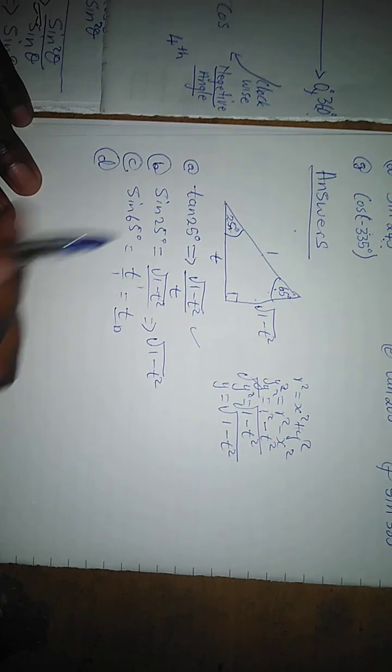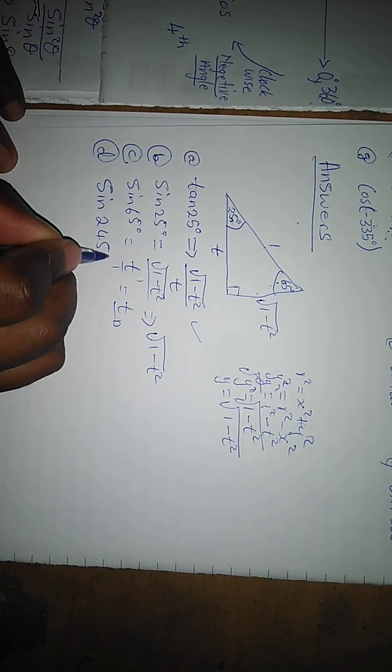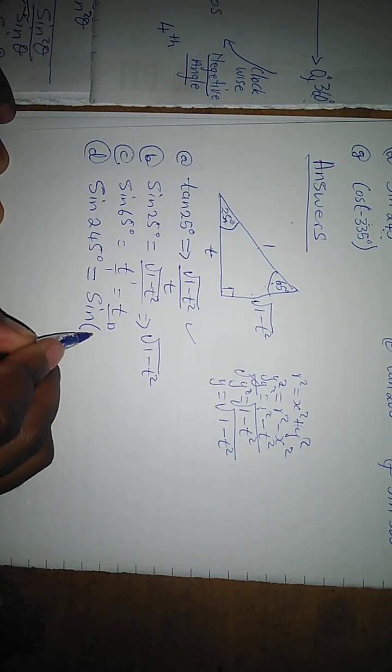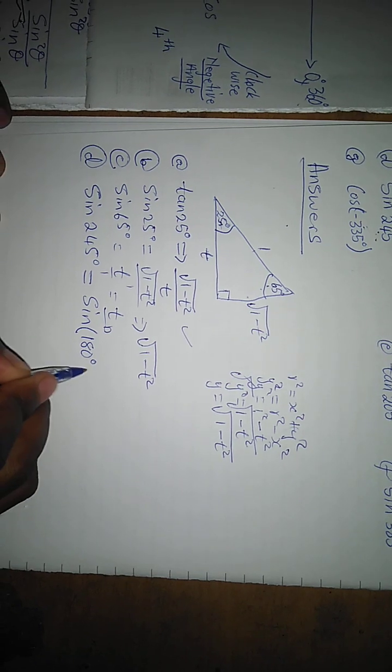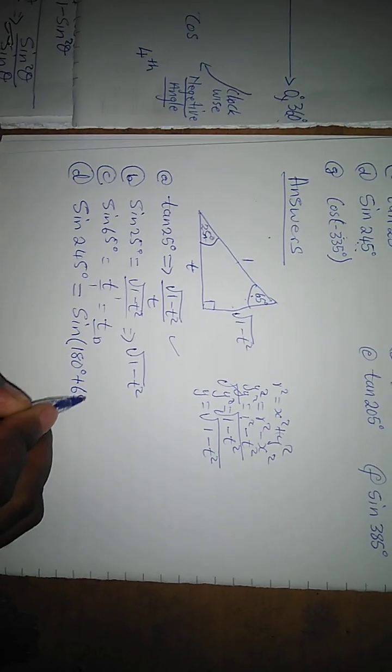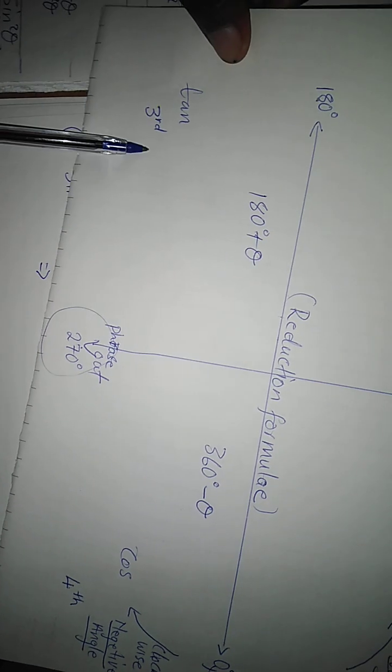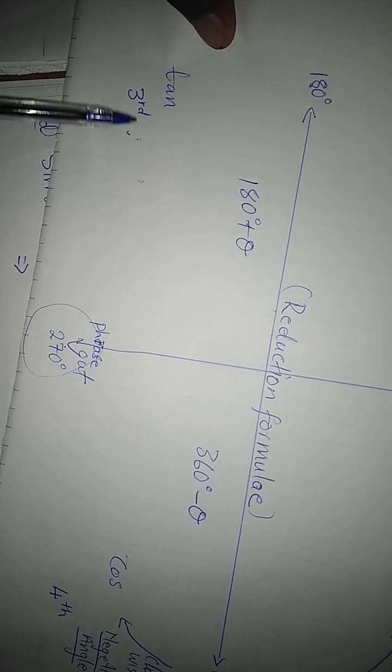That means sine of 245 is equal to sine of (180 degrees plus 65 degrees). Now let's check, how is sine in the third quadrant? Sine is negative, we have proven that.